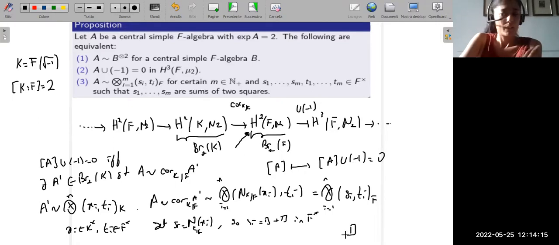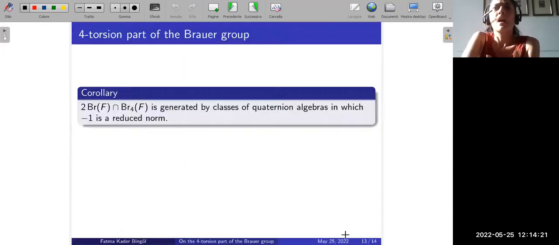So let me tell you what it means in terms of today's terminology. It actually means that we have this intersection here, 2 Brauer F with fourth torsion part, is generated by classes of quaternion algebras where -1 is a reduced norm.